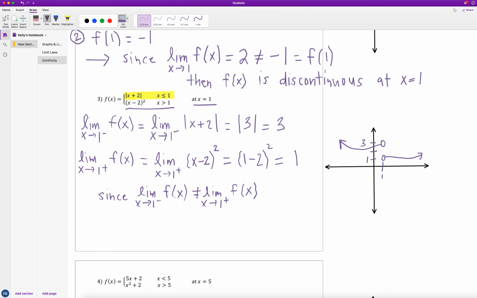Since one of those values was 3 and one of those values was 1, so those guys are not equal, then that tells us that the limit as x approaches 1 of f of x, so the overall limit, does not exist, or DNE for short, since the left-hand side doesn't equal the right-hand side. So then this automatically tells us that f of x then is discontinuous at x equals 1 then.